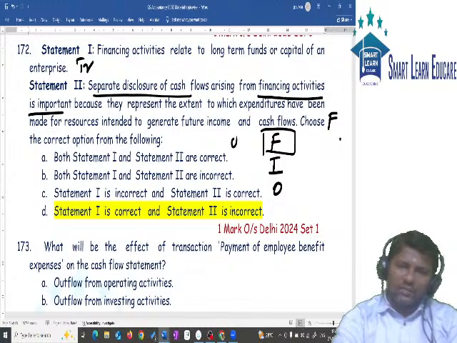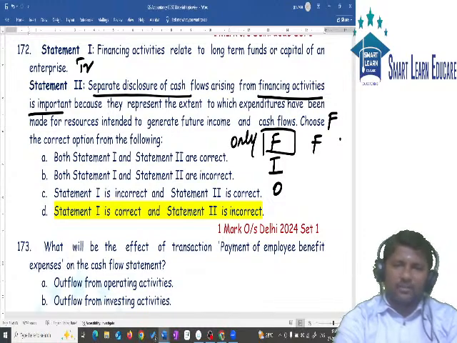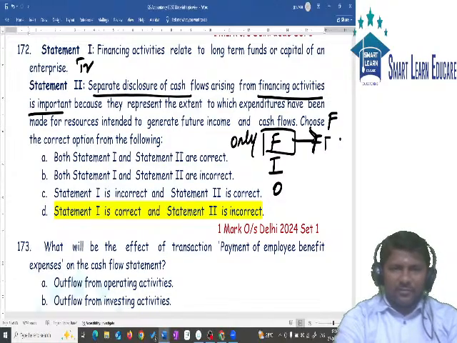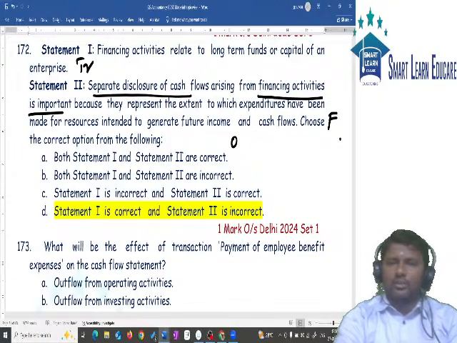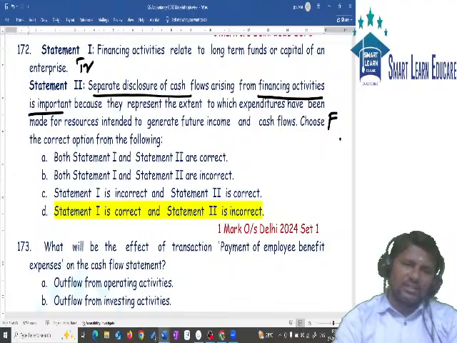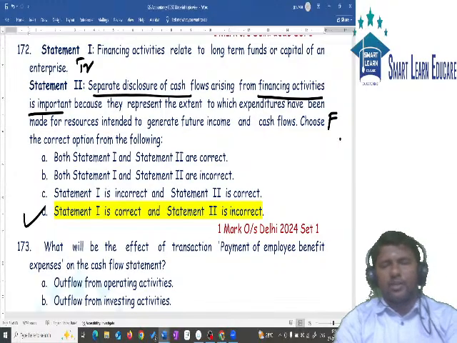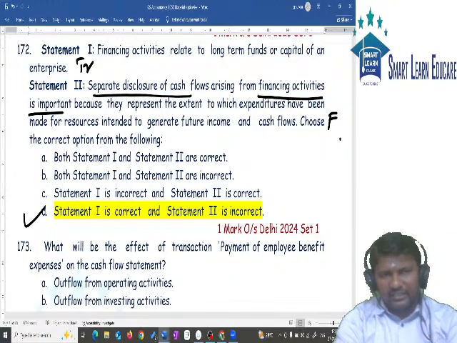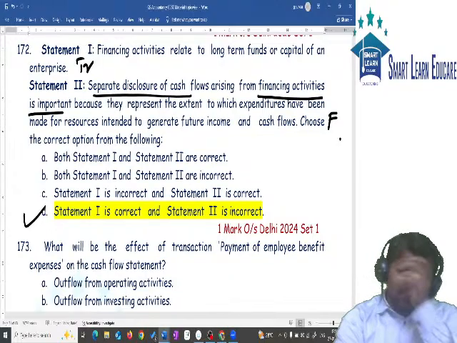When you take only financing activity is important, then the statement is false. Financing activity is also given, separate disclosure is required, then the statement is true. But the answer they have given is option D. Because they treated this as only financing activity is important.